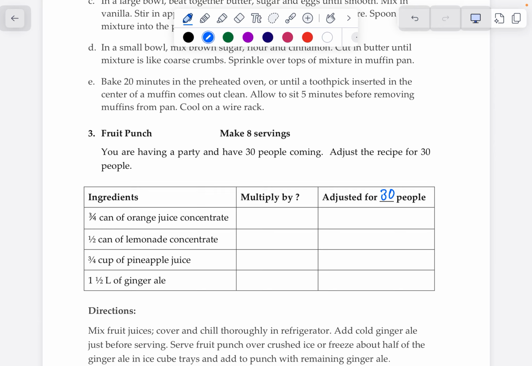8 goes into 30, goes into it 3.75. So I would round that up. What are we going to round it up to? 4. So 4 times 8, let's actually change this. That would be enough for 32 people, okay?